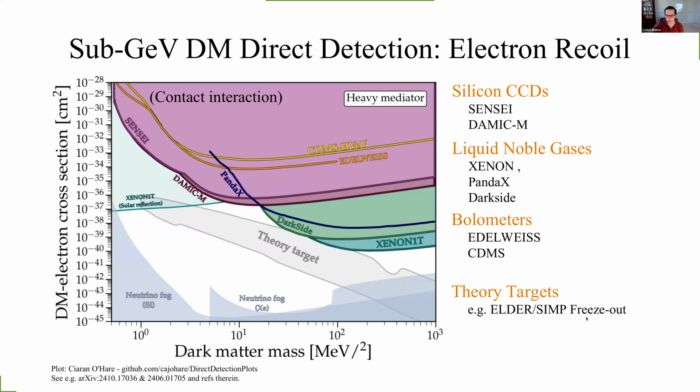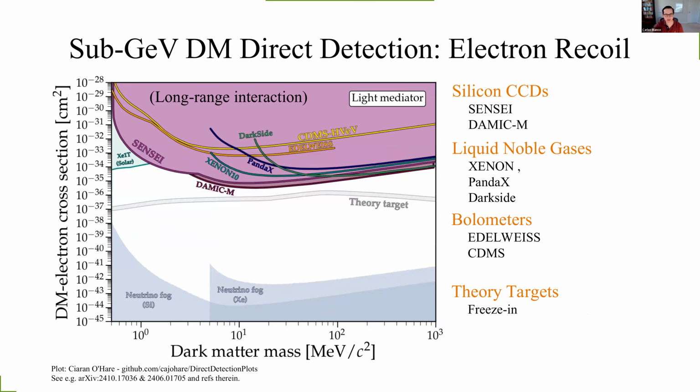So here we have situations where we might look for a freeze-out situation of what we call ELDERs or SIMPs. These are elastically decoupling dark matter, where the channel that sets the relic abundance might be elastic scattering, or these 3-to-2 processes. And we can also take a look at the light mediator case, where now you have a momentum dependence to your interaction.